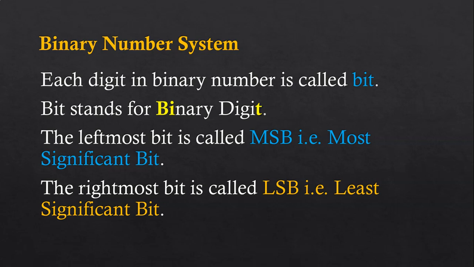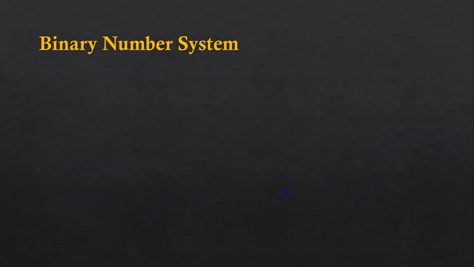So 2 is at hundreds place, 8 is at tens place, and 7 is at unit place. So likewise in the binary number system, the leftmost bit, that is binary digit, is called MSB, and the rightmost bit is called LSB, that is least significant bit.